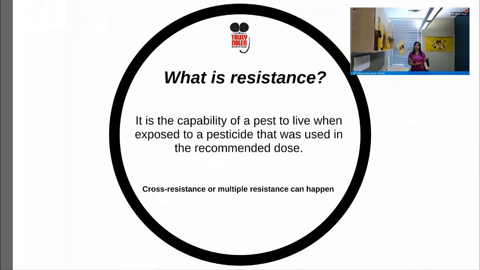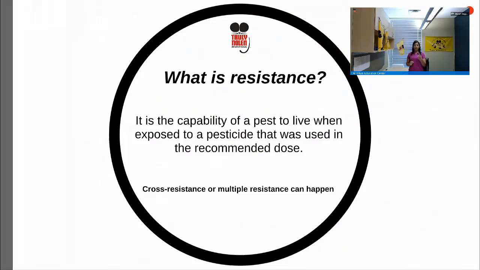And we have two main types of resistance, such as cross-resistance, where we have pests, let's say insects, for instance, that are cross-resistant. Meaning, if I apply one group, one class of pesticides, they will not die.